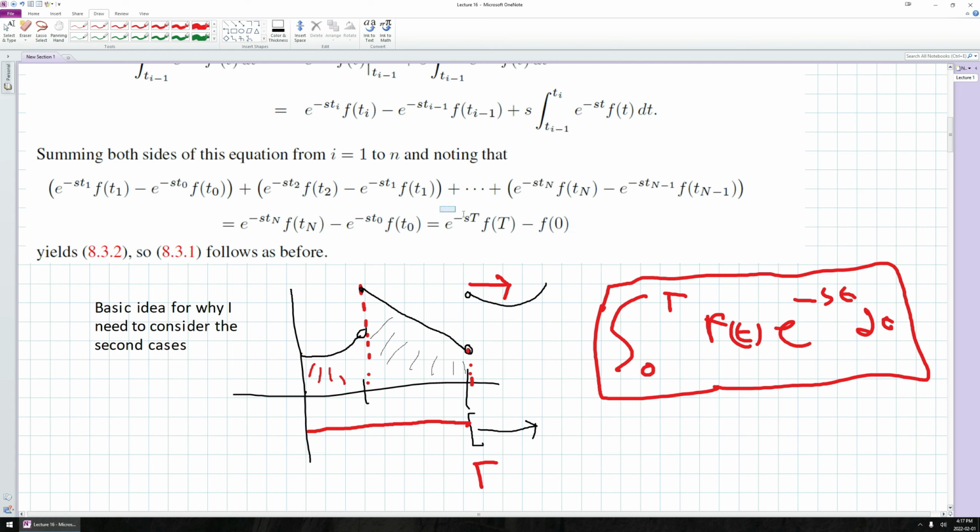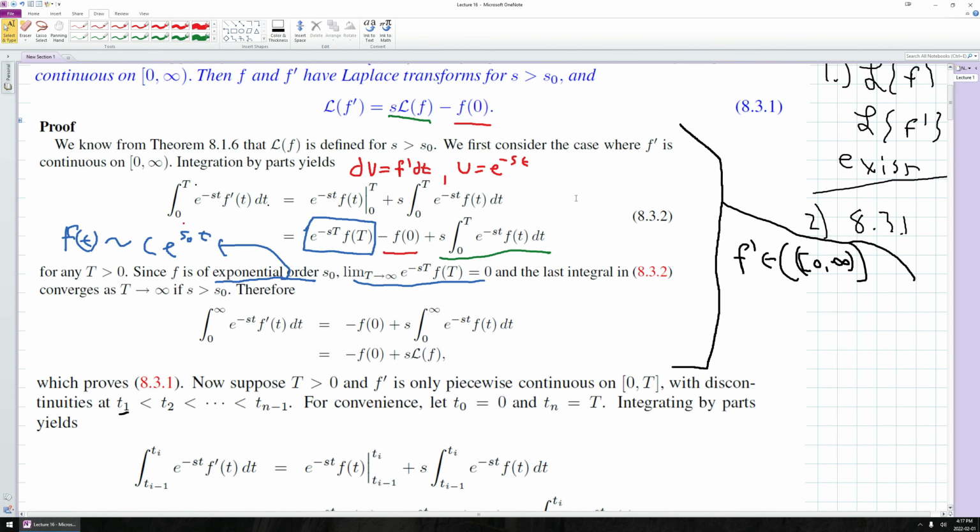At the end of the day, when t goes to infinity, this goes to 0, by the argument that I did earlier, this stays exactly what it is, and I'll be left with this extra integral here that, when I add all of it together, gives me the integral from 0 all the way up to infinity, which gives me what I need, okay? So that's how the piecewise case works.